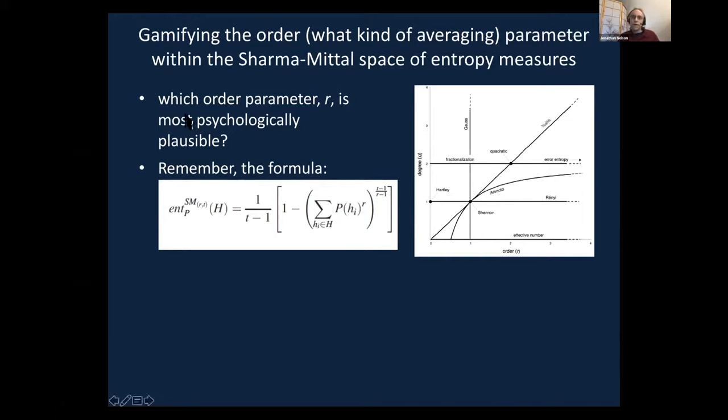If I asked you which order parameter, corresponding to the horizontal axis in this quadrant, is most psychologically plausible, what would you think? Would you have a real quick idea?